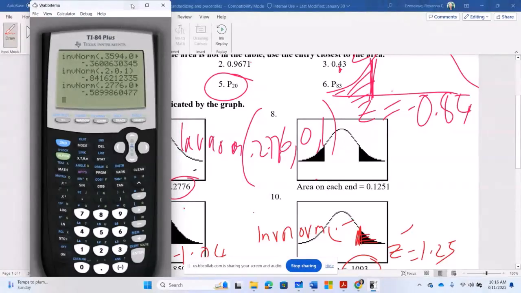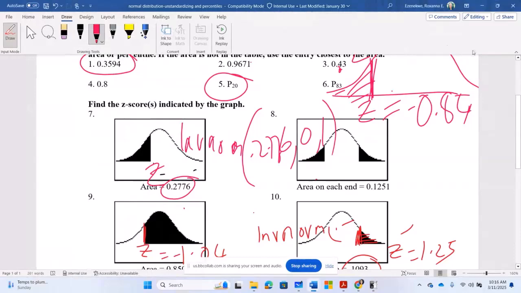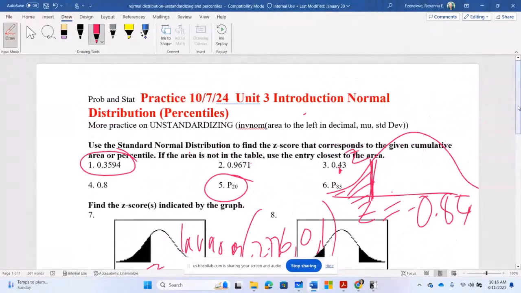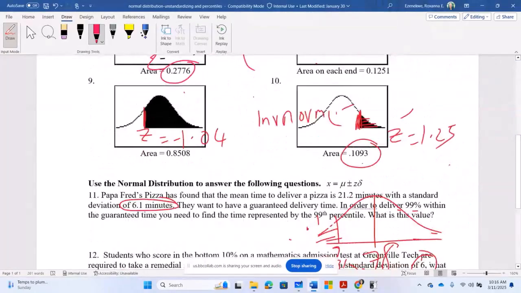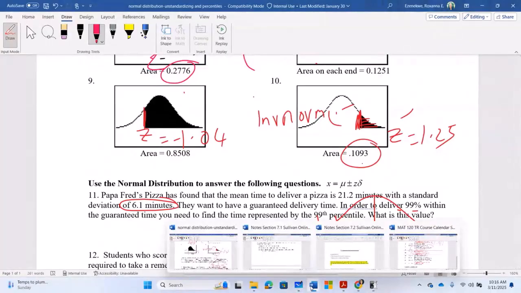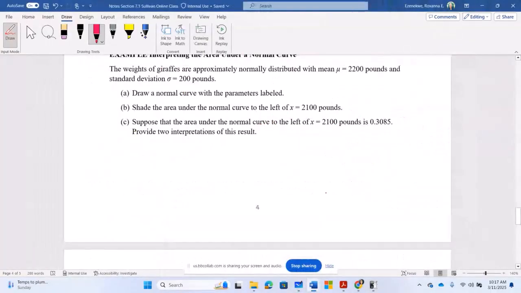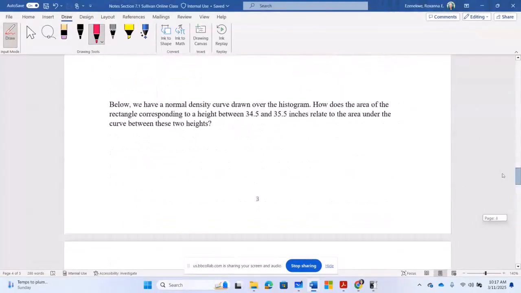Okay, so you are going to read the notes also. Remember that you can read the chart. You can also read the chart. So suppose I'm going to read the chart. So this is 7.1 notes.